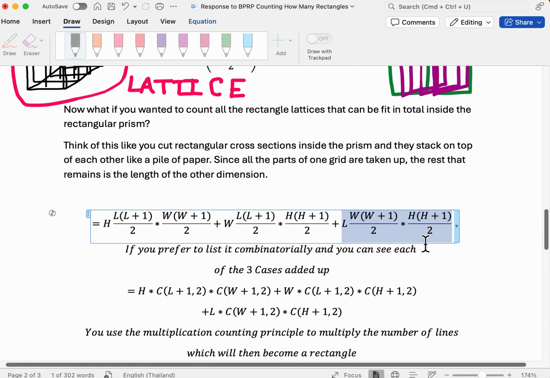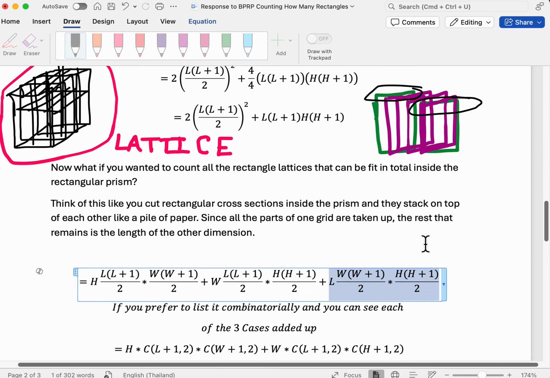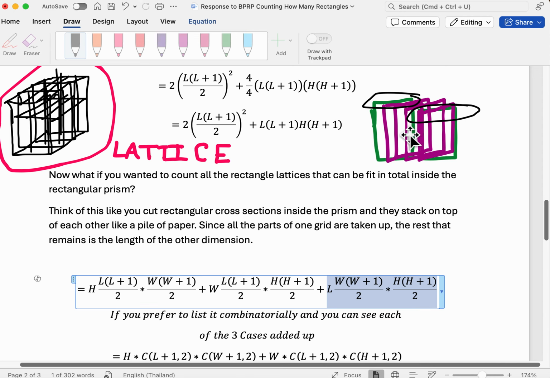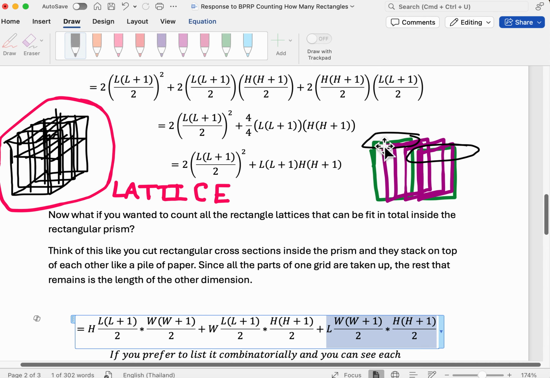And if you want to express this combinatorially, you can understand this as saying, within a choice of L plus 1, because these grids for the rectangles, not only are they rectangles themselves, they can be considered lines.